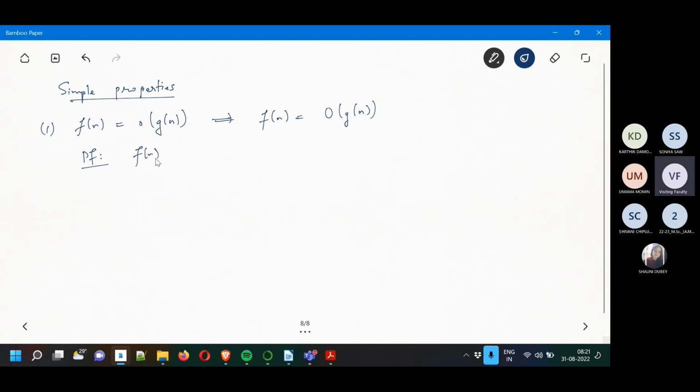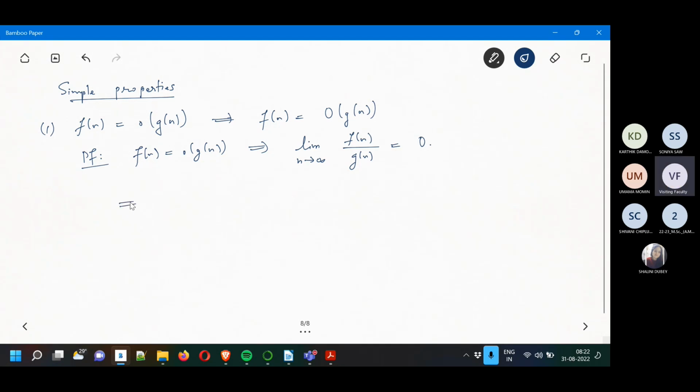So when f of n is little o g of n, by definition, it means limit n tending to infinity, f of n by g of n is equal to 0. Right? F is much smaller than g. That is the meaning. Now just use the definition of limit.